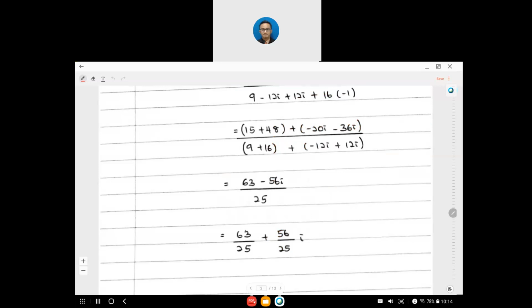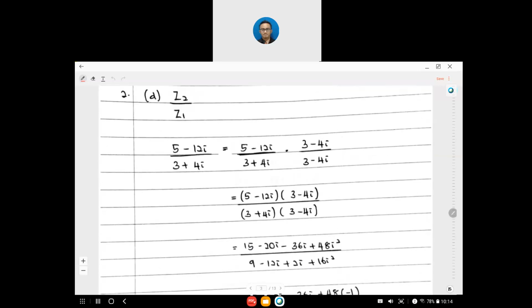Question D. Okay. Z2 divided by Z1. So we know that Z2 equal to 5 minus 12i, Z1 is 3 plus 4i. So this one you must times by the conjugate of your denominator. So the conjugate of your denominator becomes 3 minus 4i.